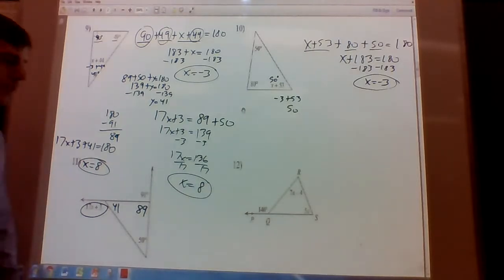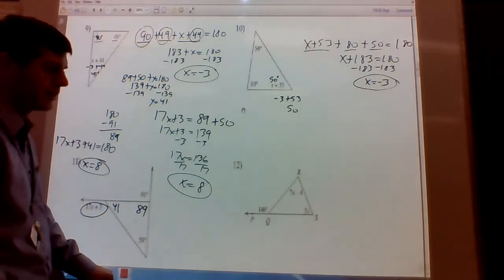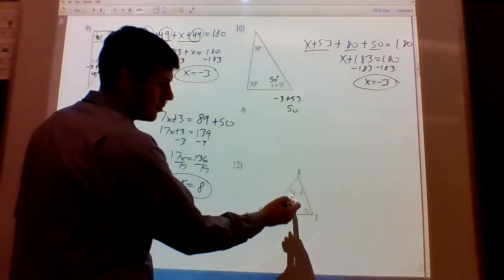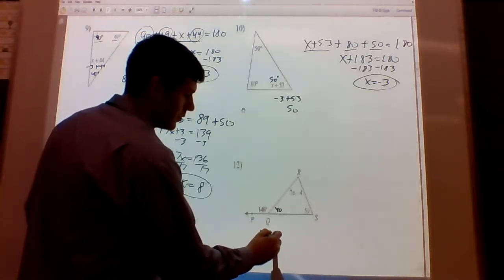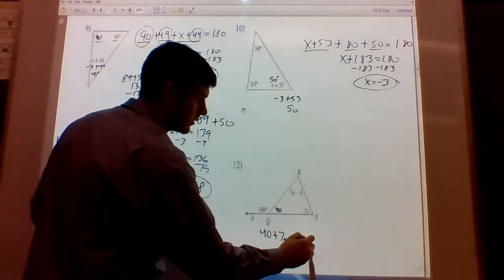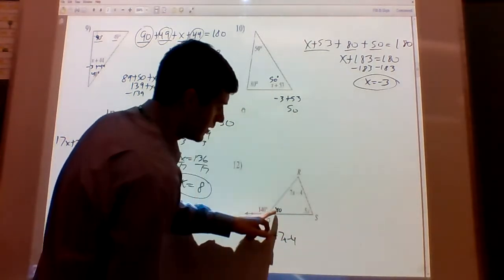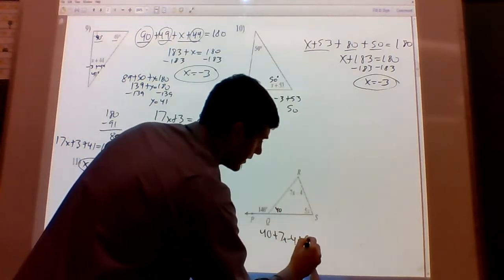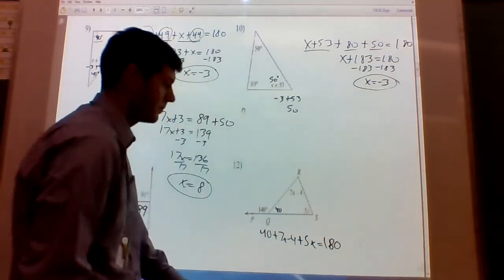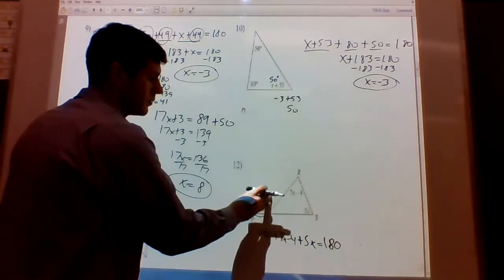Okay, number 12, same thing. Again, we can do it either way. We can find the linear pair here and say this is 40, and then 40 plus 7x minus 4 plus 5x equals 180. But the easier way to do it is to take our exterior angle.